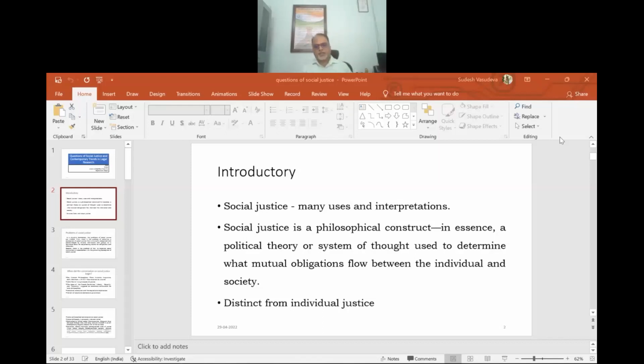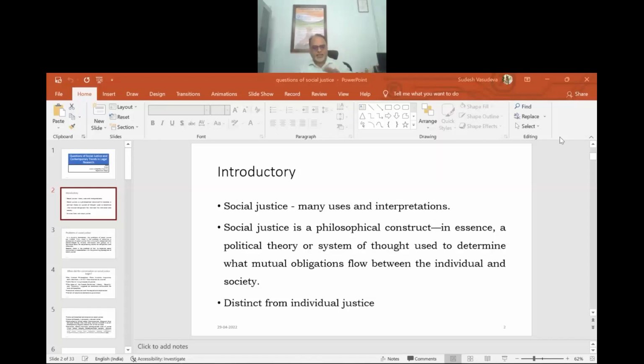The term social justice, for most part of its discussion in the many literature, is a philosophical construct. In a sense, it is a political theory or a system of thought which is used to determine mutual obligations which flow from the individual to the society and from the society to the individual.